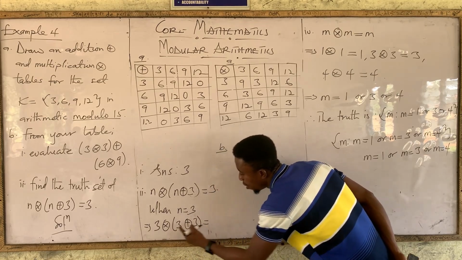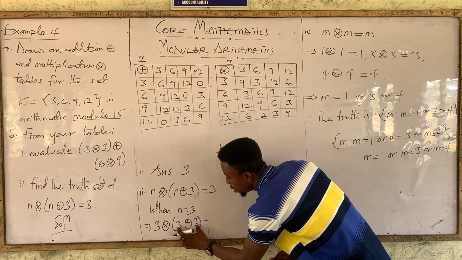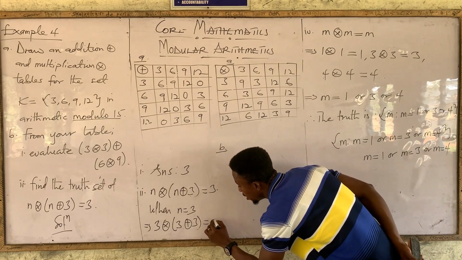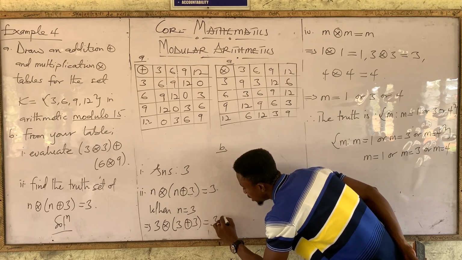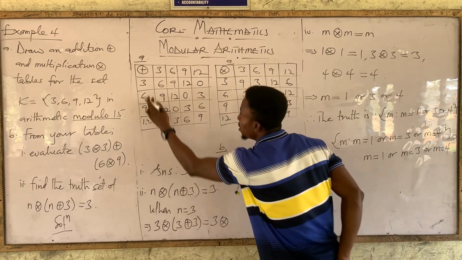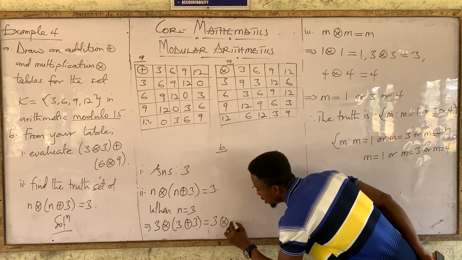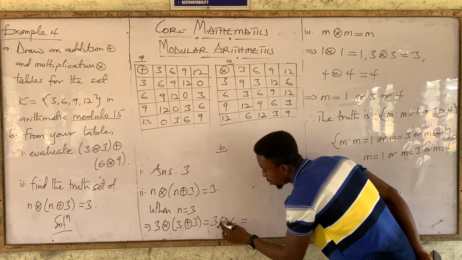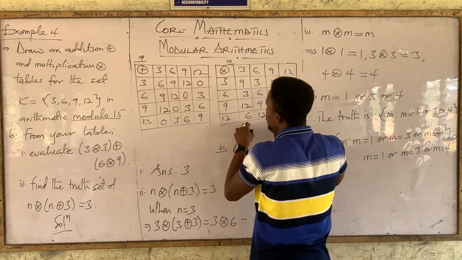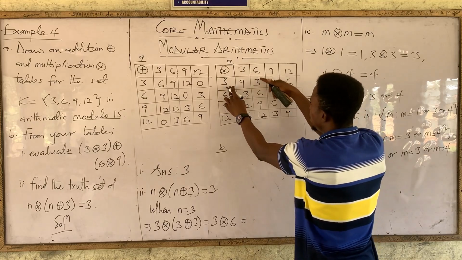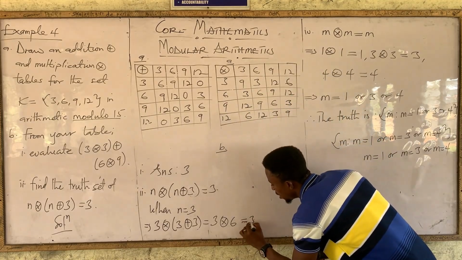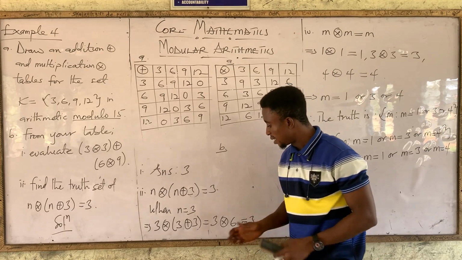And solving this side will get you 3, then times, this side is getting me 3 plus 3, which is 6. Which is equal to 3 times 6. Then we come to the multiplication one. 3 times 6 is getting us 18. So that is that.